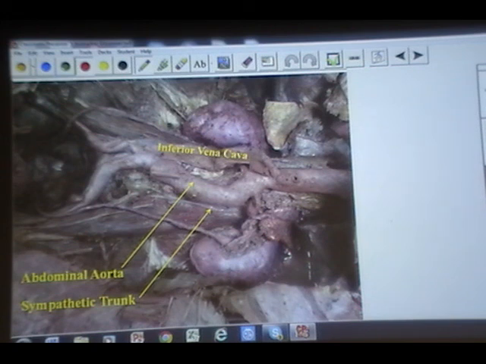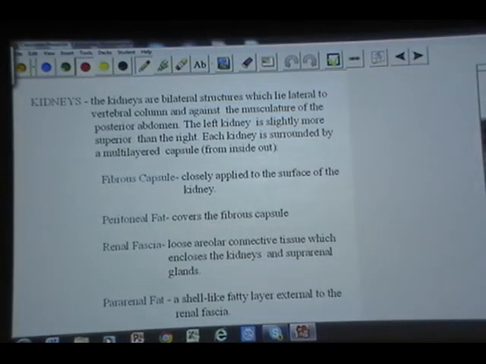But that sympathetic trunk is way down below the thoracic level at this point. I'm not going to worry about this too much because we'll talk about it in the course Renal and Blood. Next semester we'll talk about the internal aspect of the kidneys.